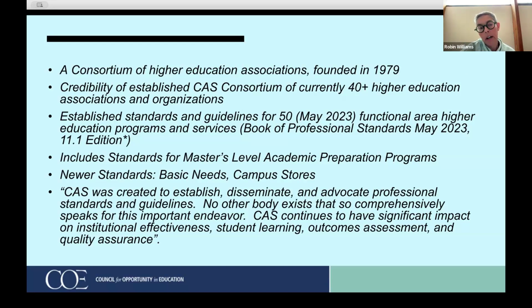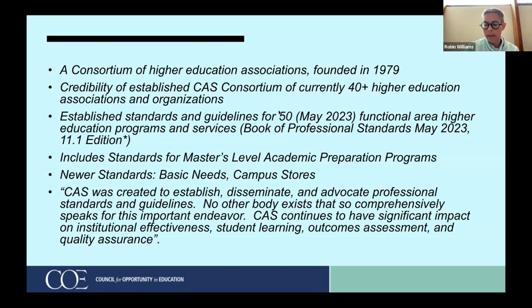There's over 40 higher ed institutions and organizations that are part of that consortium. They've established these standards and guidelines, and then they update them accordingly. So in addition to TRIO, there's all sorts of things that are relevant all across campus, a lot regarding the student affairs side of things, but some other areas as well.